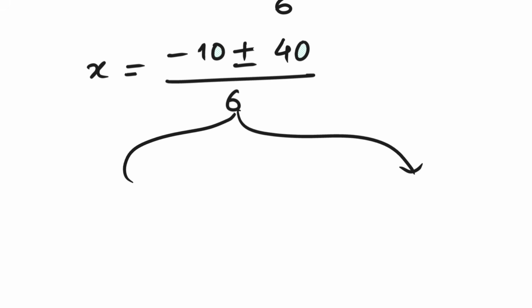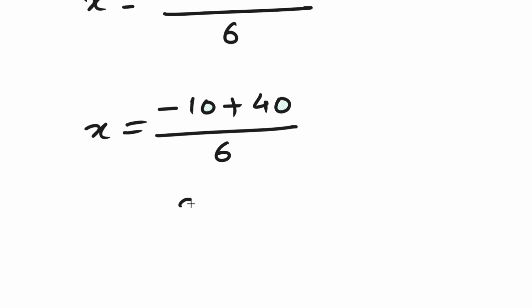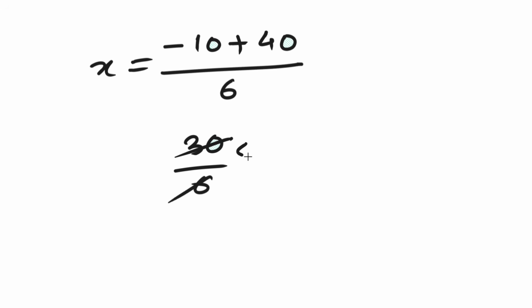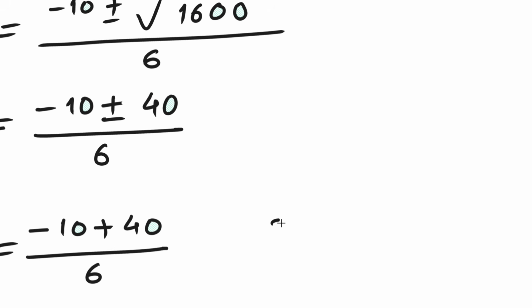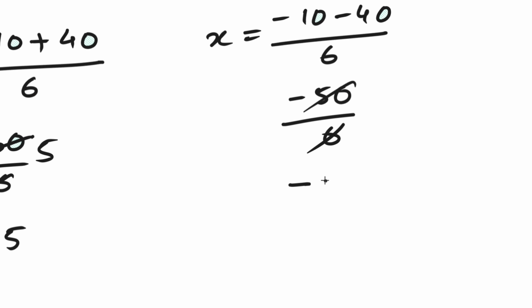Using the plus sign, x equals negative 10 plus 40 divided by 6. That is 30 divided by 6, which equals 5. Using the minus sign, x equals negative 10 minus 40 divided by 6, which gives negative 50 divided by 6, or negative 25 over 3.